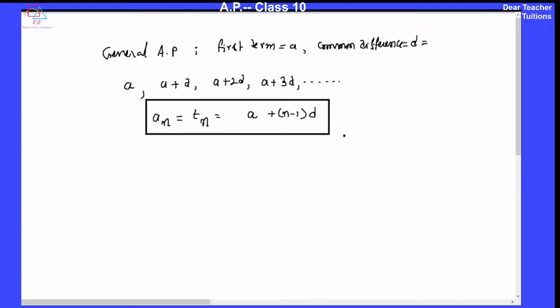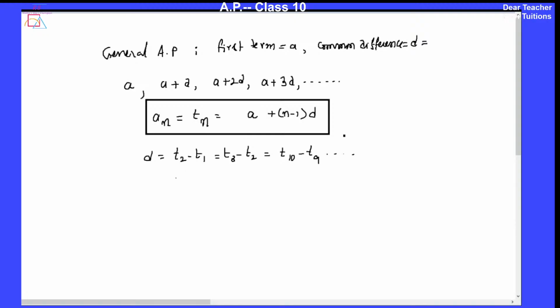And there is another formula also, for the common difference D. How to find D? D is very simple: T2 minus T1, second term minus first term, or third term minus second term, any two consecutive terms, or T10 minus T9, and so on.